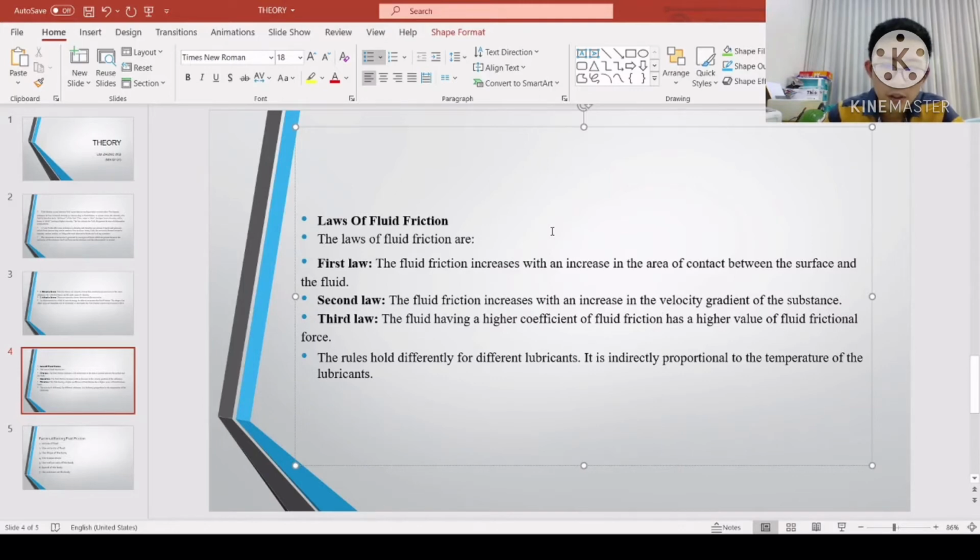The first law mentions that the fluid friction increases with an increase in the area of contact between the surface and the fluid, while the second law mentions that the fluid friction increases with an increase in the velocity gradient of the substance. The third law says that the fluid having a higher coefficient of fluid friction has a higher value of fluid friction force. The rules hold differently for different lubricants. It is indirectly proportional to the temperature of the lubricant.